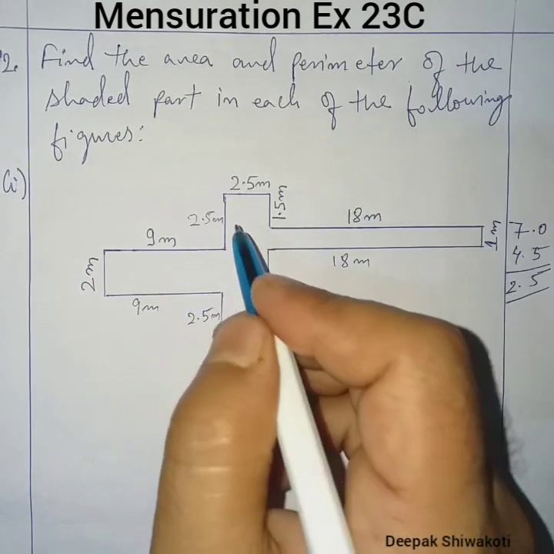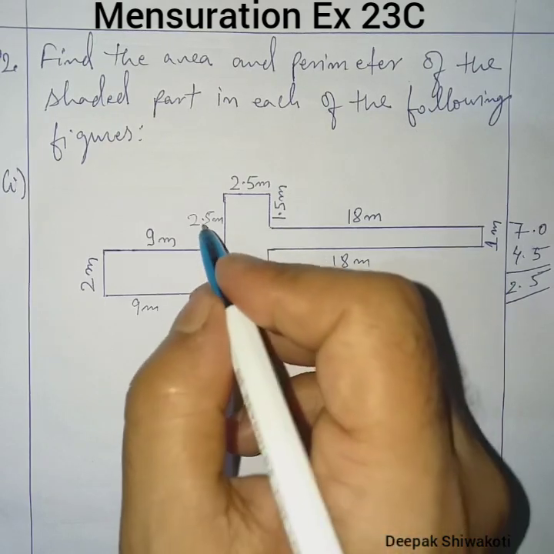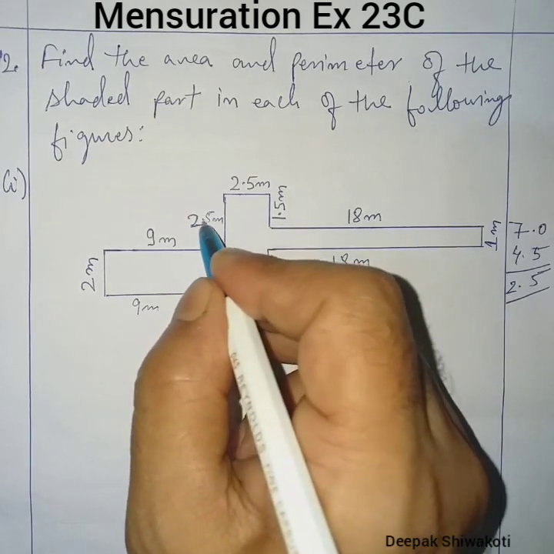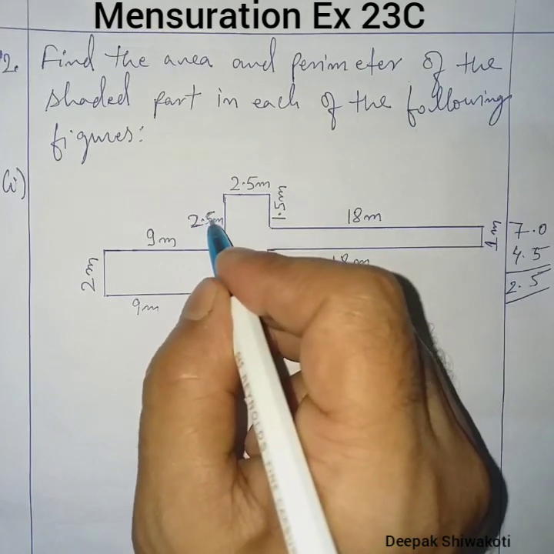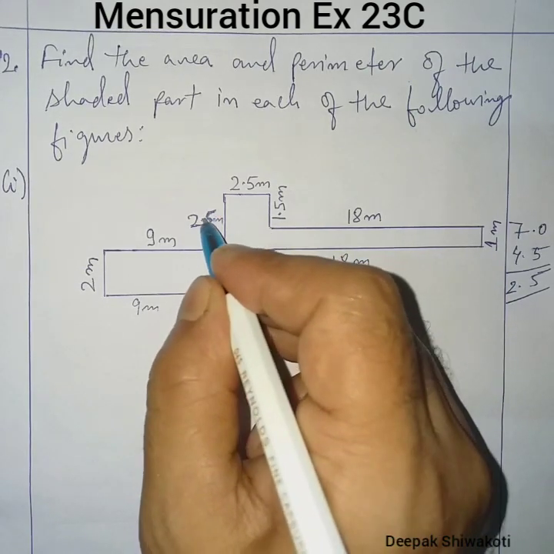So now it's very easy to find the perimeter. We have to add all these line segments. Okay, this is 2.5.